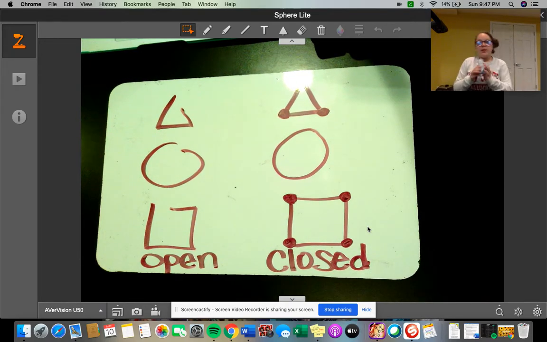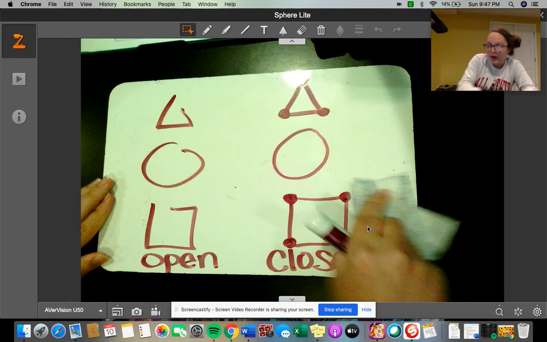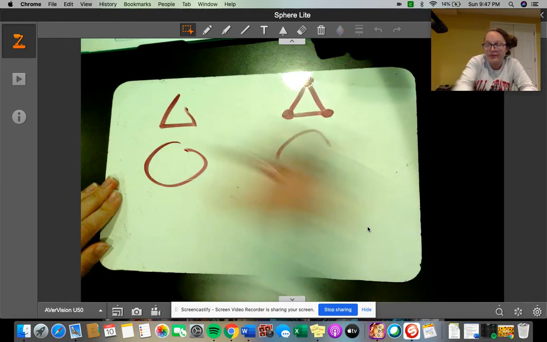So what you can do is look at shapes and see how they are the same and how they are different.